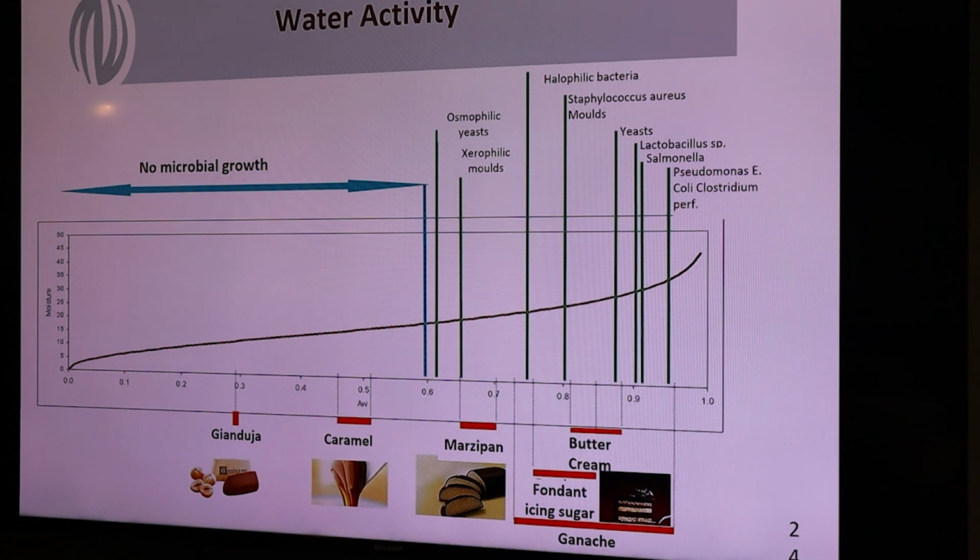But by adding alcohol in the recipe, you stop this growth. That's what I basically see when producers work with those things.